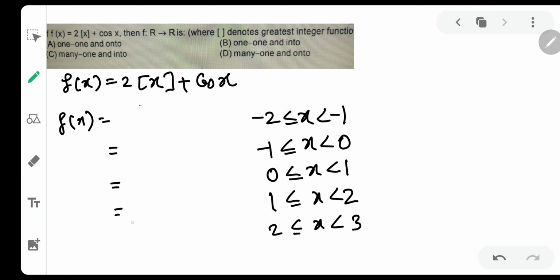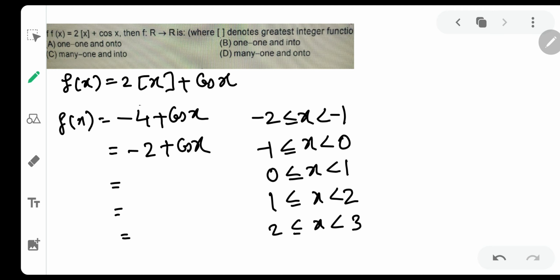So at integers it should be split. In the interval -2 to -1, [x] will be equal to -2. So this will be -4 plus cos x. The -1 to 0 range has [x] = -1. So this will be -2 plus cos x.